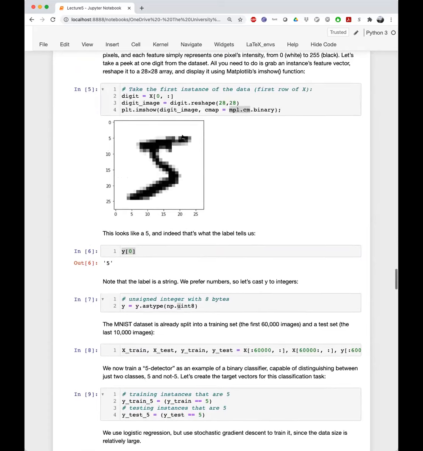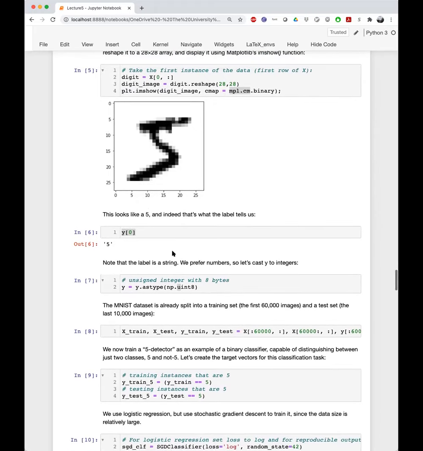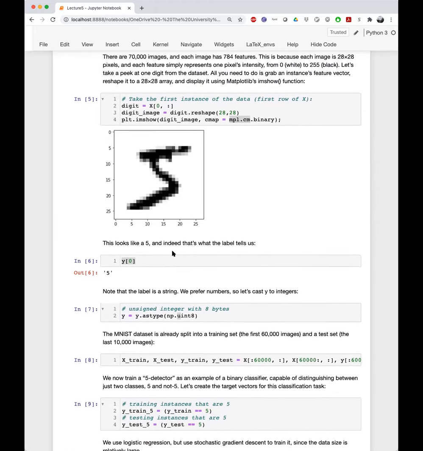All right, so we see this is a number 5, right? And also we look at its label, it's also 5. Right? So each image has a label. So the data is just there, right?